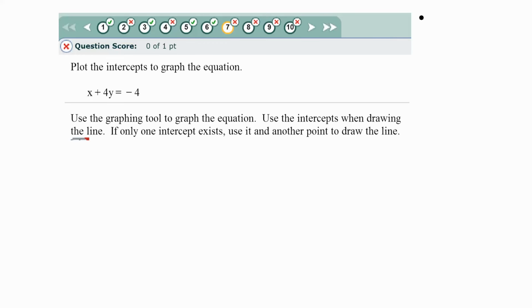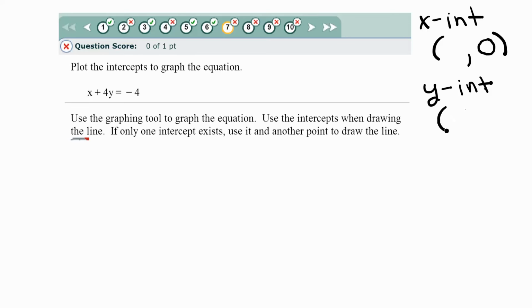So the x-intercept is where the line crosses the x-axis. And when the line crosses the x-axis, the value of y is always going to be 0. The same thing for the y-intercept.